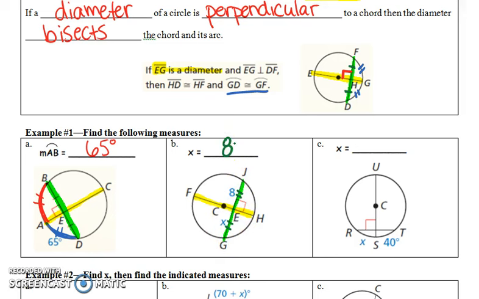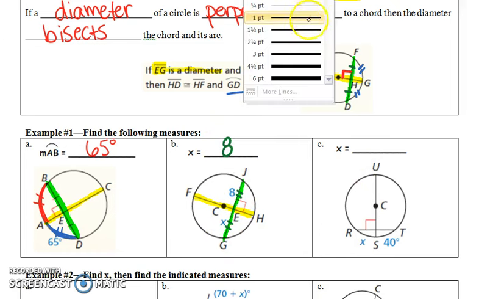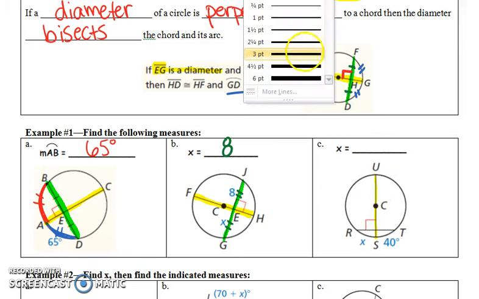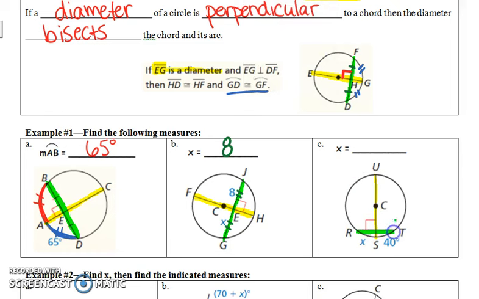In the last example, again we have a diameter that is bisecting a chord. So we know that this chord is being bisected, and also the arcs are being bisected. So if arc ST is 40 degrees, that means arc RS is also 40 degrees.